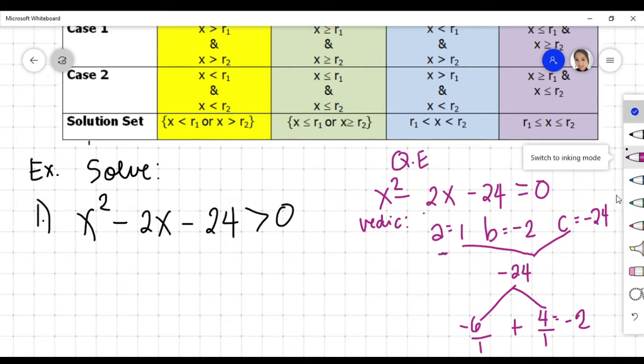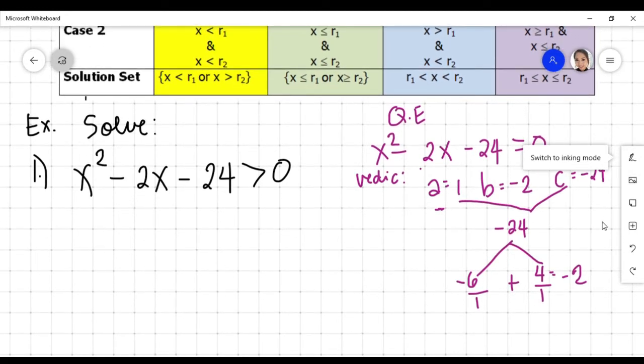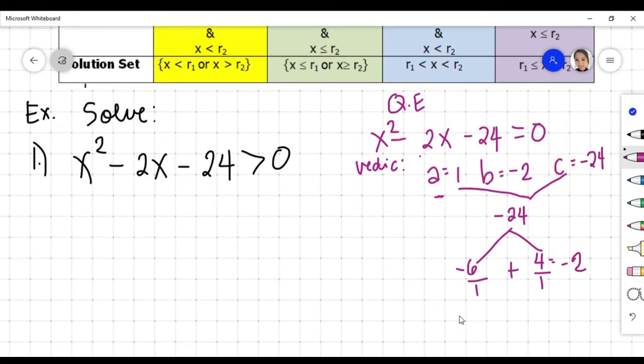Thus we have negative 6 and positive 4. Do not forget to flip these numbers or change their signs. So 6 and negative 4 are our roots.